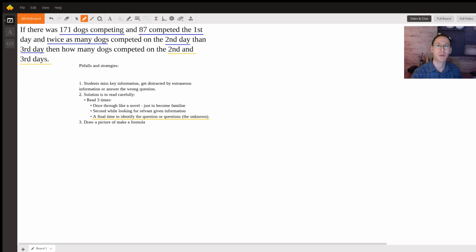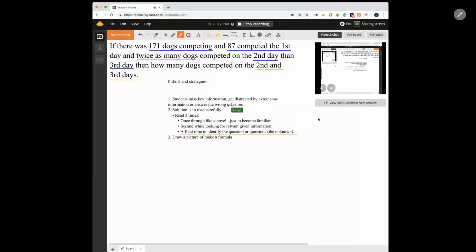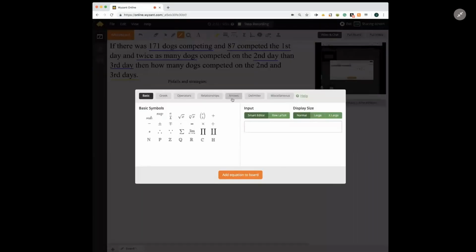Well, I'm going to share my screen with you. You're now seeing my view of the screen, which will allow me to use the equation editor, and you'll be able to see as I'm forming equations. So the first realization we have is that the total number of dogs is equal to the sum of the dogs in the competition from each of the days.